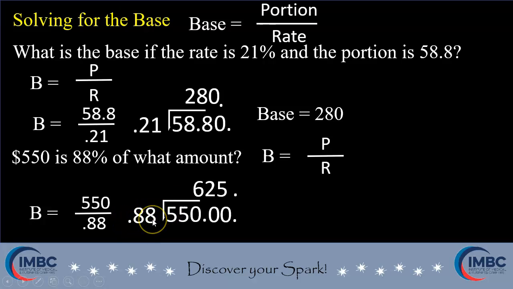We move the decimal 2 places in the divisor. We're reminded to move it again in the dividend, and we do the math. I'm punching it in my calculator now. 550 divided by 0.88. I get an answer of base equals $625.